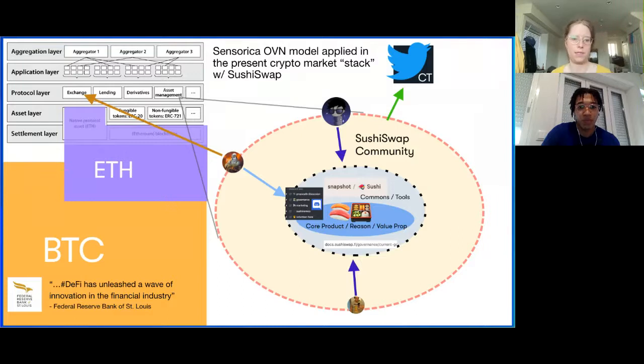So a great example is, say, SushiSwap, right? The core product, the value prop, is their AMM, right? And there's services and stuff, and they're all building towards this AMM.